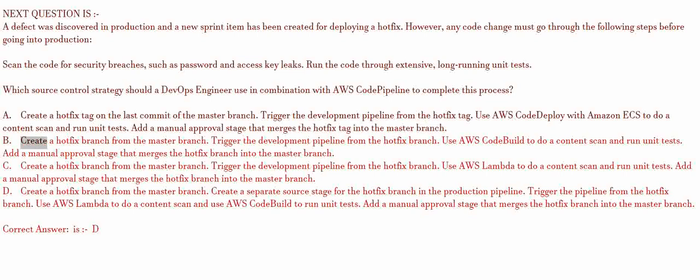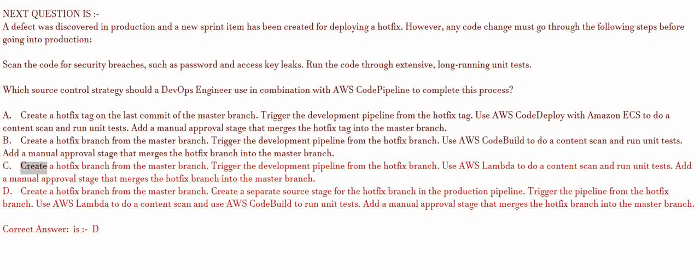B. Create a hotfix branch from the master branch. Trigger the development pipeline from the hotfix branch. Use AWS CodeBuild to do a content scan and run unit tests.